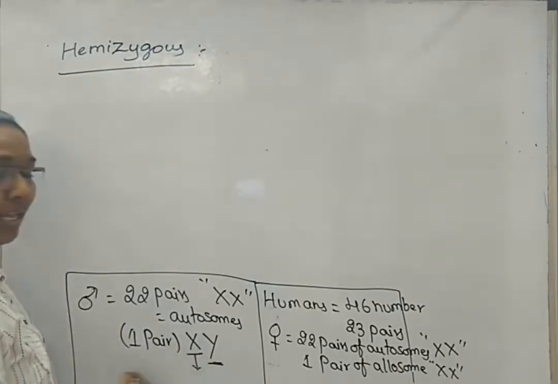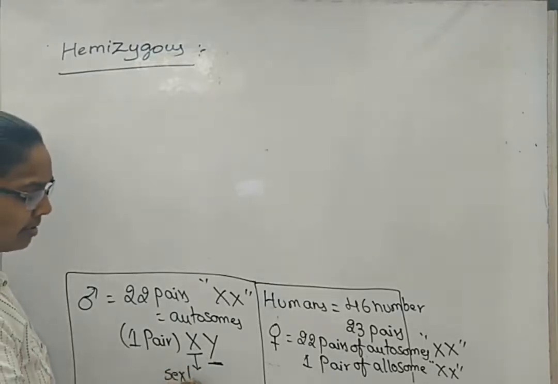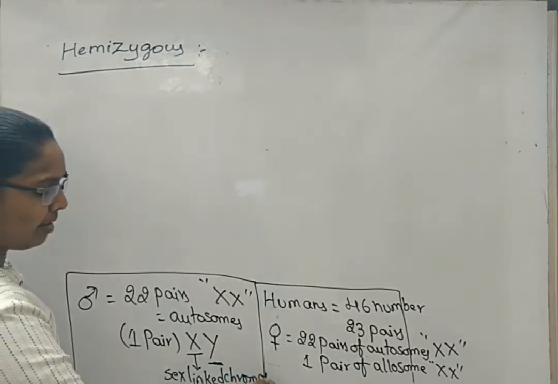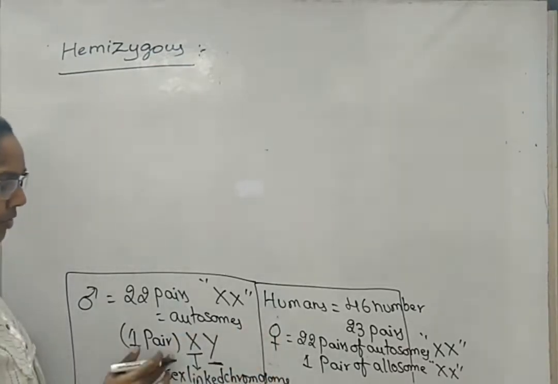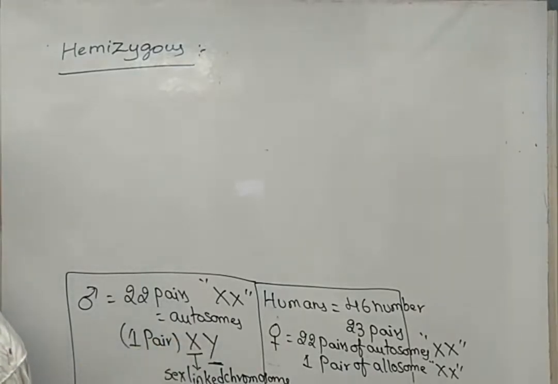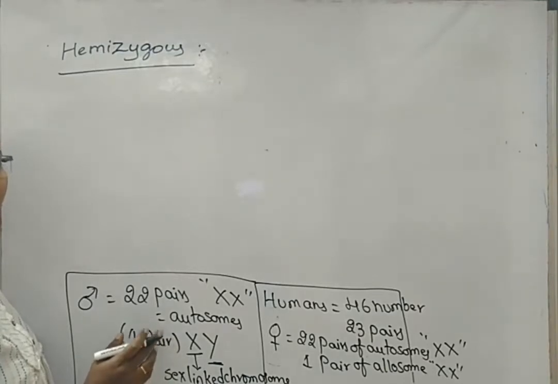We normally call X the sex-linked chromosome. Out of this pair, this allele is of one type, this allele is of another type. So we call such an organism hemizygous.